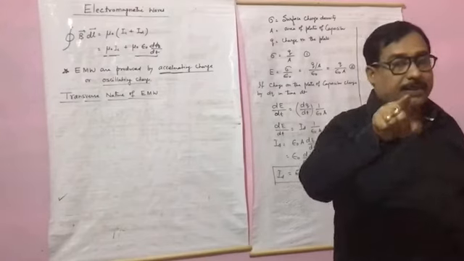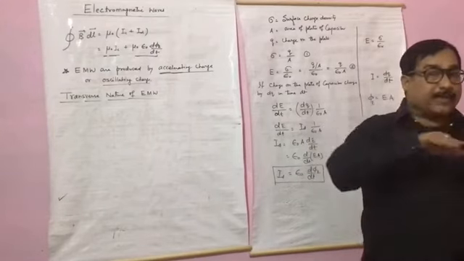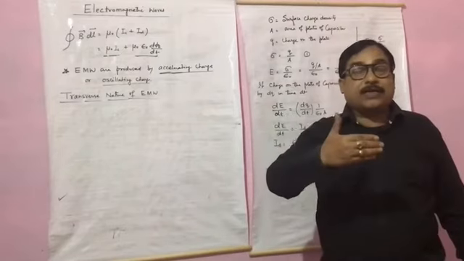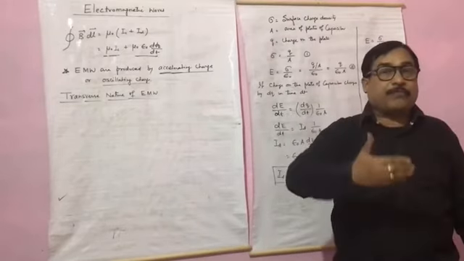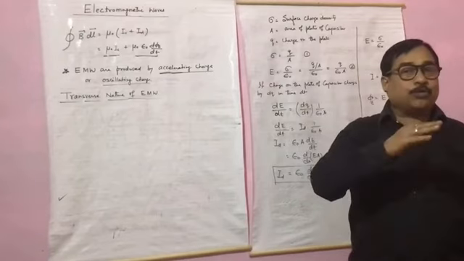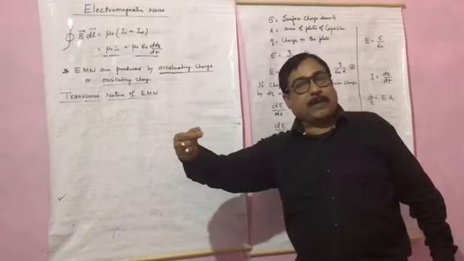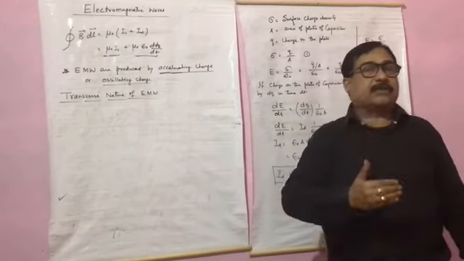Here, the oscillation of the electric and magnetic fields are both perpendicular to the direction of propagation of electromagnetic waves. That actually is the transverse nature.